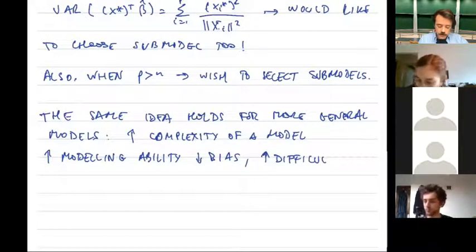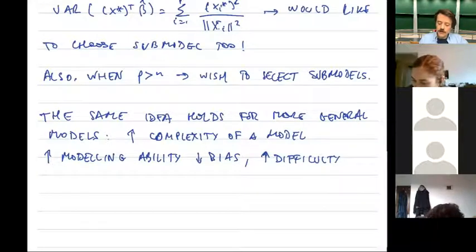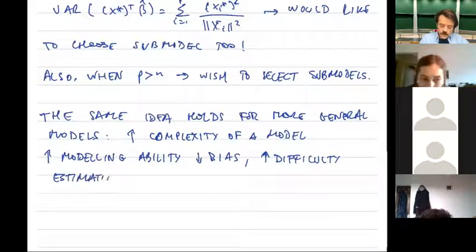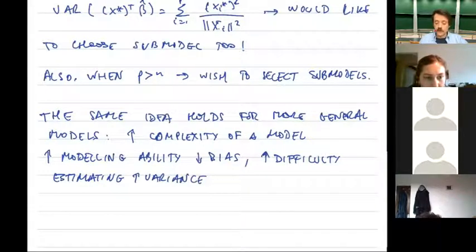I think generally one puts the arrows on the right rather than the left, but anyway, the more difficulty in estimation, because it's just harder to estimate these things, which means that we have more variance. And you could think the other way around. So again, what we see here is a bias variance trade-off.